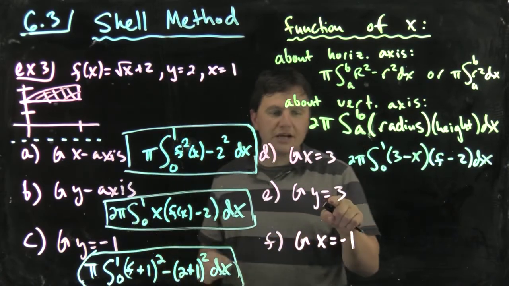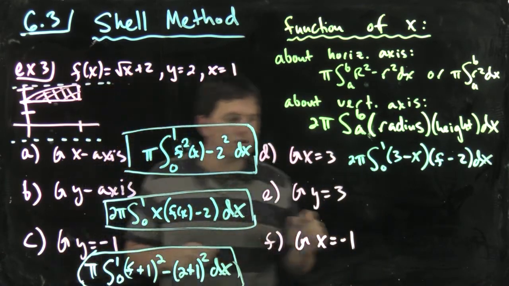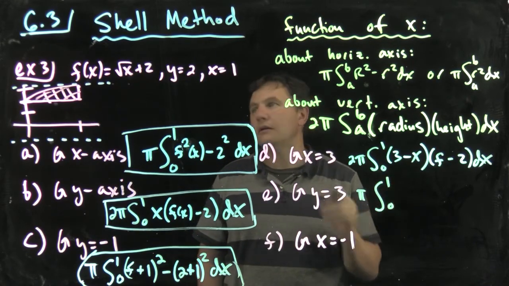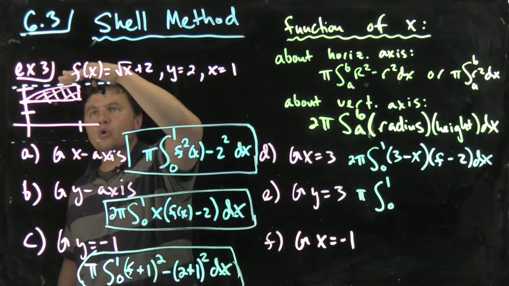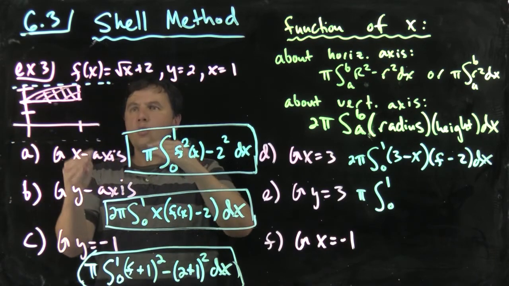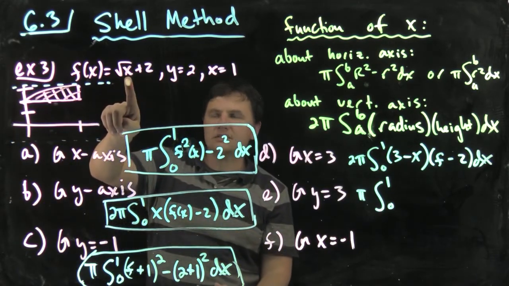And then if we rotate around y equals 3, we're back to a disk or washer method. So pi, 0 to 1, big R. Now the axis is on the top. Let's get rid of this, this is from before. So we're going to go axis minus function. Always go with the one farthest away. When the axis was below, f always defined the radius that was farthest away.